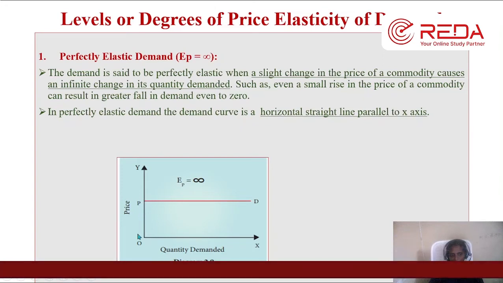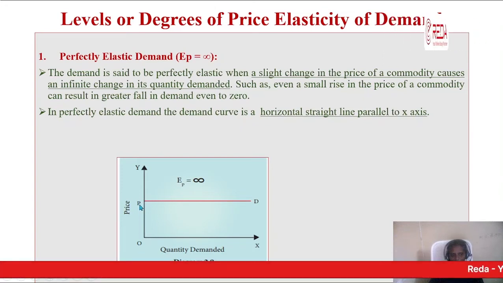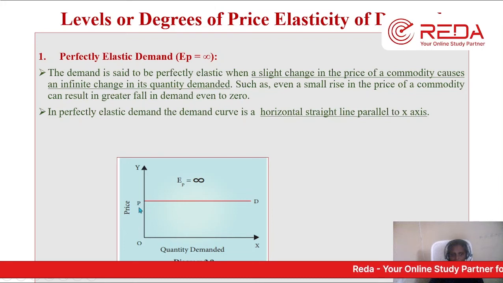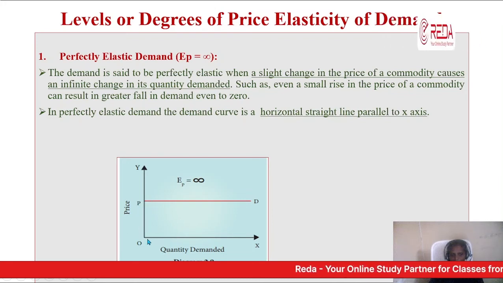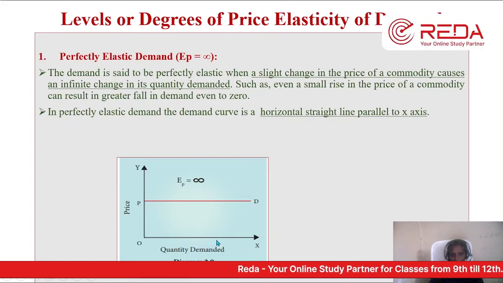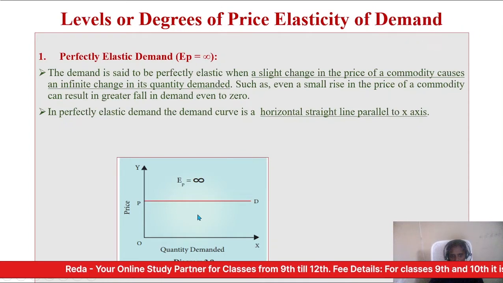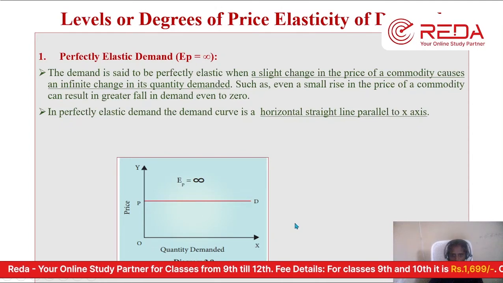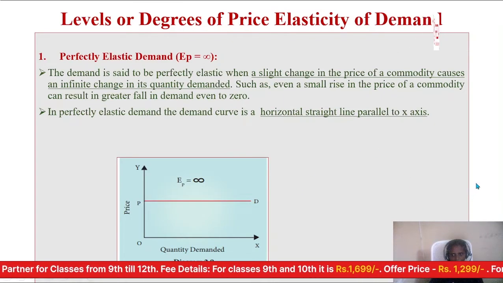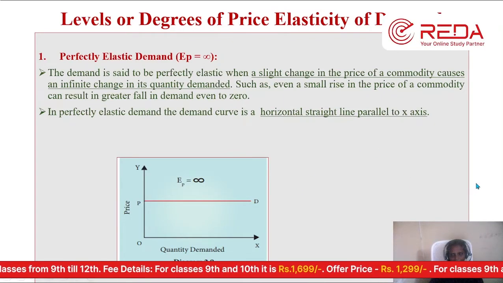The price level remains constant from 0 to P, but the quantity demanded keeps on increasing along the x-axis, which we call a horizontal straight line parallel to the x-axis. So this is the first situation: perfectly elastic demand, EP is equal to infinity.